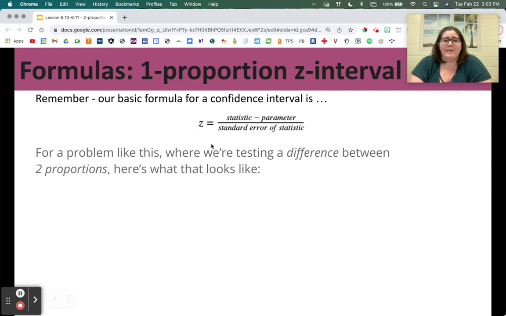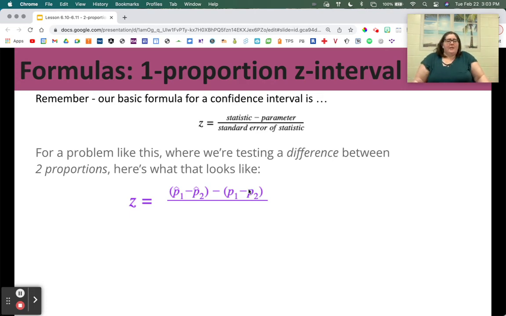For a problem like this, we're testing the difference between two proportions. This is what the top part of that would look like. So the difference in the two statistics, so the sample proportions, minus p1 minus p2, would be the null hypothesis difference, which is always going to be 0 for us. So the second part will always be 0, because that's always our null hypothesis.